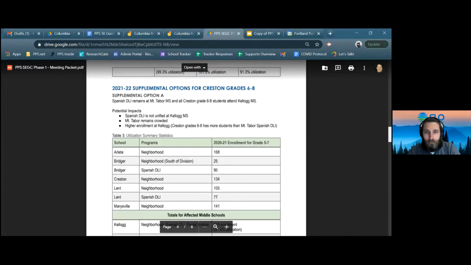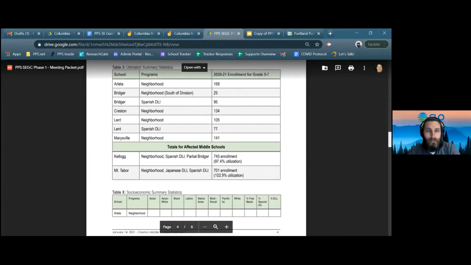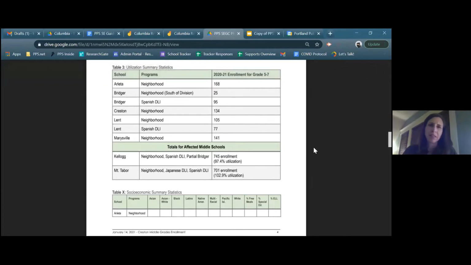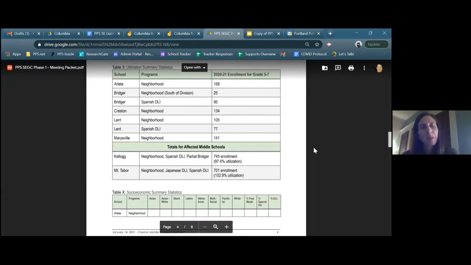Right. Okay. So, one thing is that when we started this discussion tonight, I just had it in my head that we were only talking about making this decision for the next year, and that it would have to change, and that most likely Creston would not be continuing in the Kellogg feeder pattern, whatever its boundary is going to become.